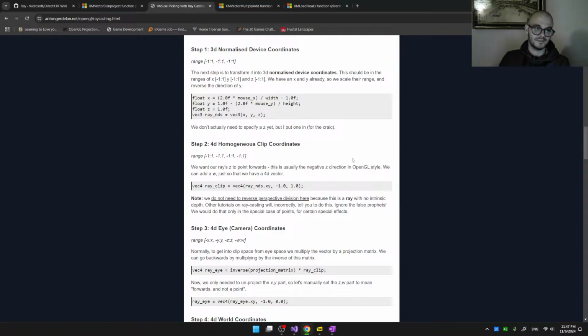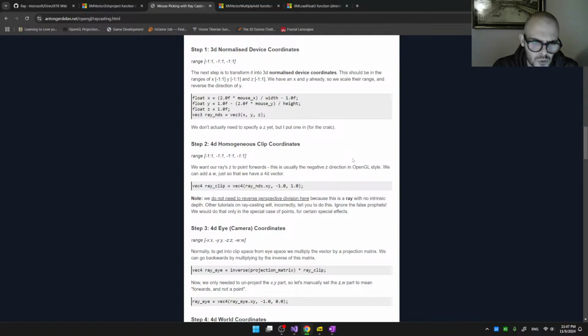Oh, note, we do not need to reverse perspective division here because this is a ray with no intrinsic depth. Other tutorials on ray casting will incorrectly tell you to do this. Ignore the false prophets. We would do that only in the special case of points for certain special effects.